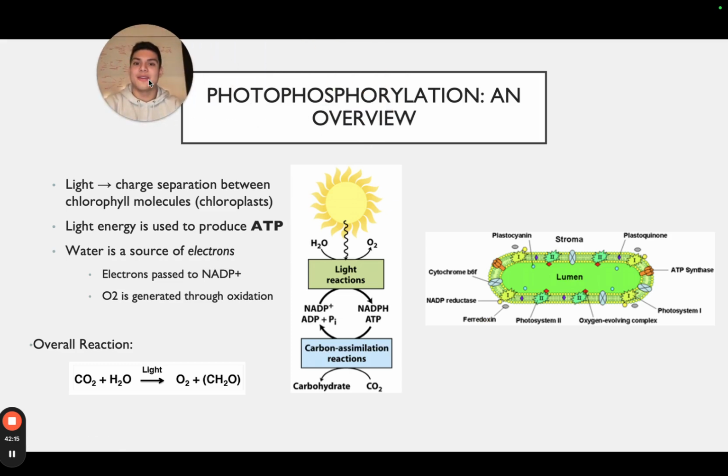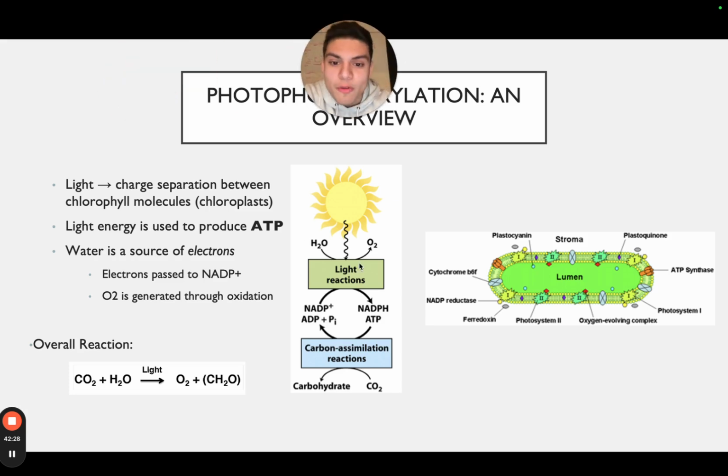So, talking about photophosphorylation. Phosphorylation means we're forming ATP, and through photosynthesis, through these light reactions, through light. So this is an overview: the sun comes into the chloroplast, and we have these light reactions occur in the thylakoids, and that's going to form our high energy molecules.